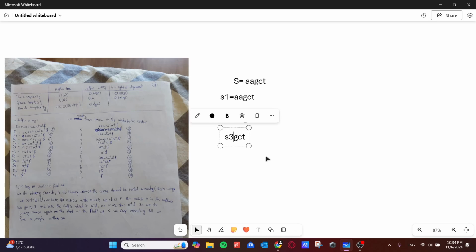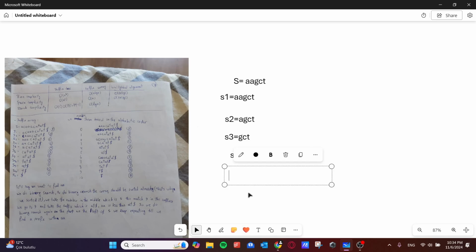S3 is GCT. S4 is equal to CT. Then we have T only, S5.